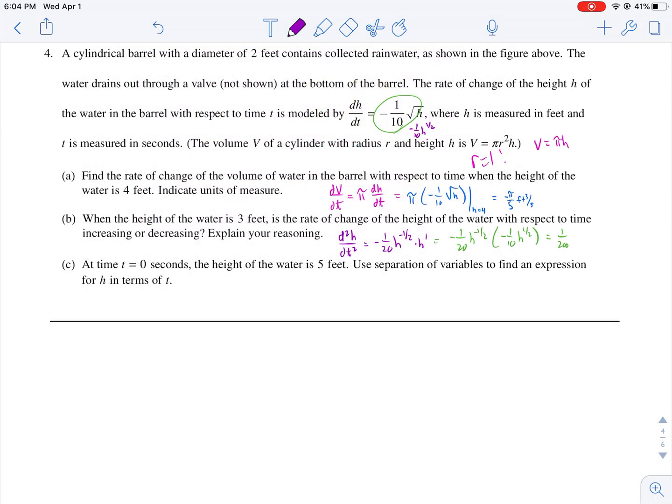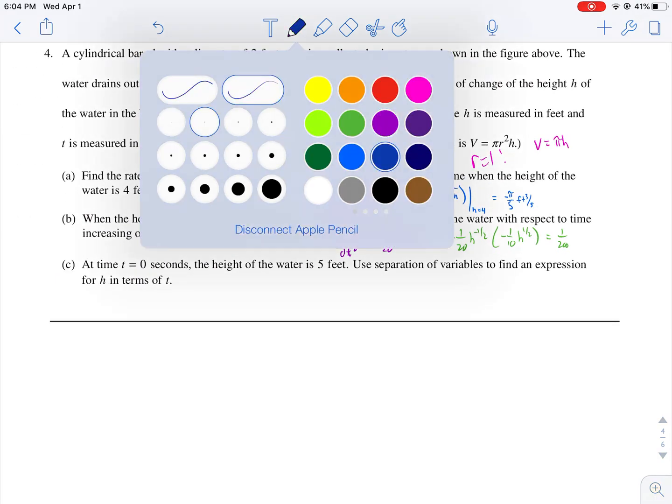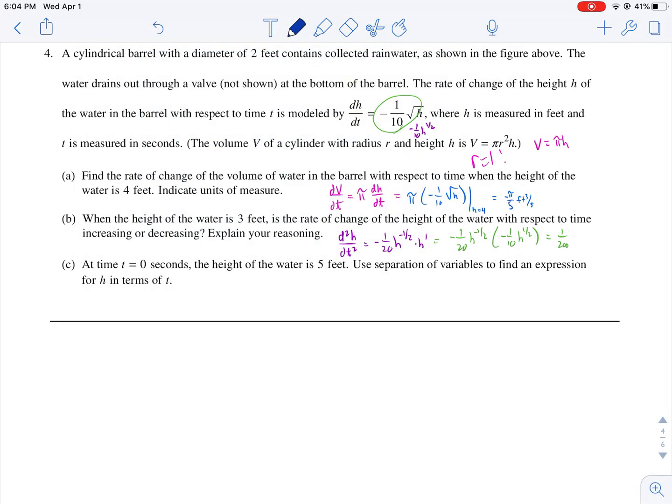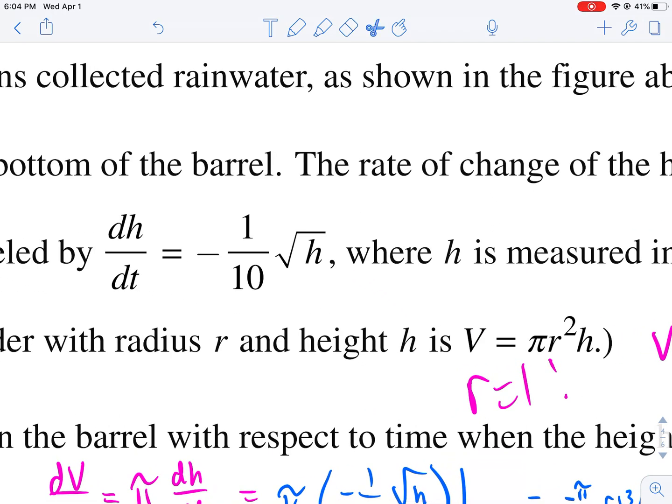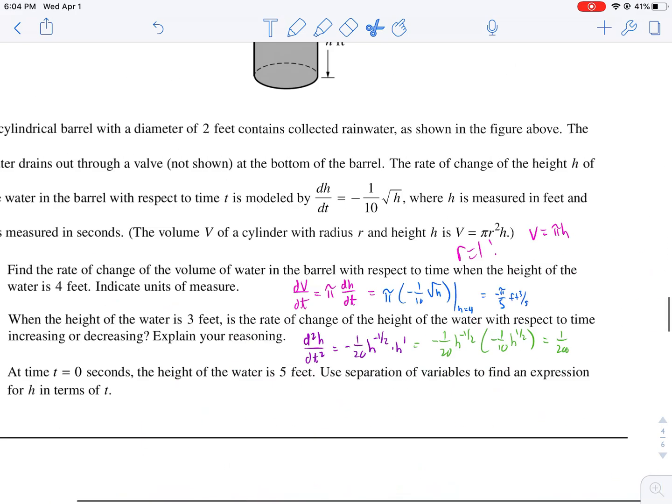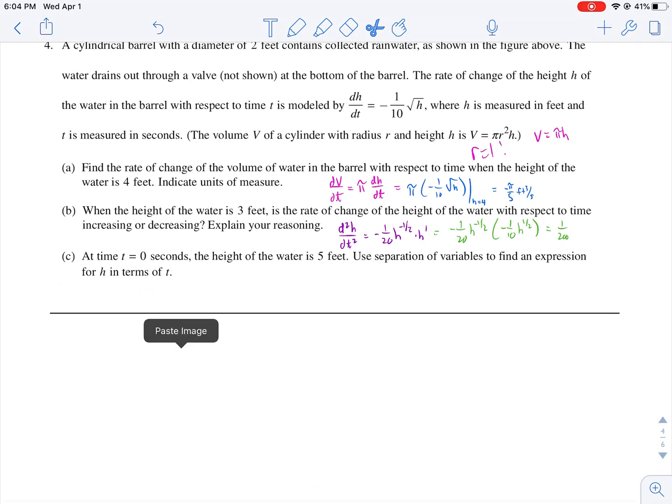All right, and then the height of the water is 5 feet at t equals 0. Use separation of variables to find an expression for h in terms of t. So, once again, using this thing right here, we're going to do separation of variables. Now notice how there's not actually even a t in the problem.